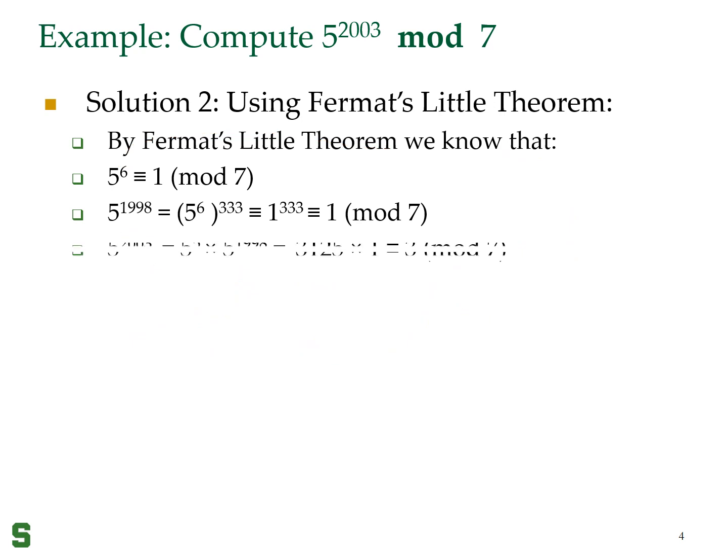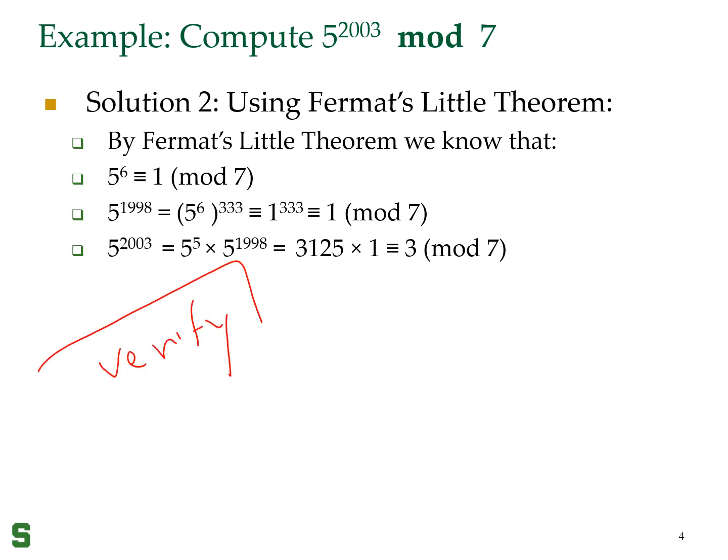Now what is left is 5 to the power 5, and we can compute that, take modulo 7, and that will give us the answer to be 3. I want you to verify what's going on here. Make sure that you can do such a problem if this number that you have over here is a small prime number.